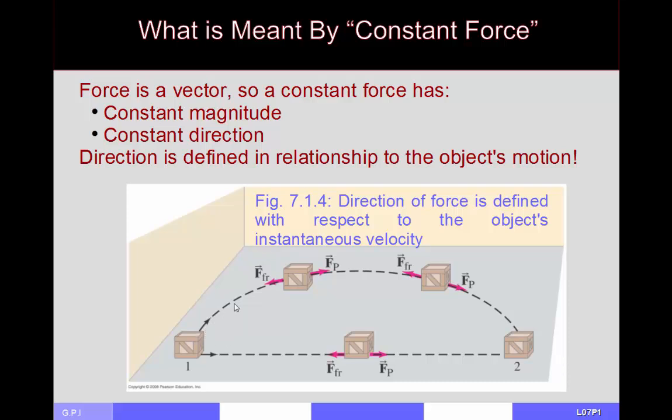But look over here in this curved path. Intuitively, we might say the force is changing because the direction in which this thing is being pulled changes. But if you look at this path, you'll notice that everywhere along the curve, at least the 2 places where the box is actually drawn, the friction and the pull force both happen to be sort of tangential to this curve.